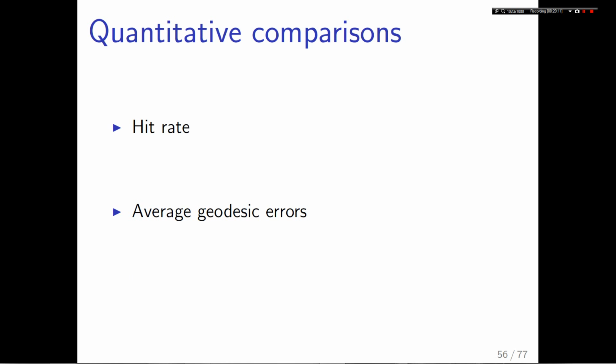I will also show you the average geodesic errors between the source and the target matchings. I want to emphasize that not only the hit rate is important, but the average geodesic error also matters, because even if we get an erroneous match, we don't want this wrong match to be too far away.